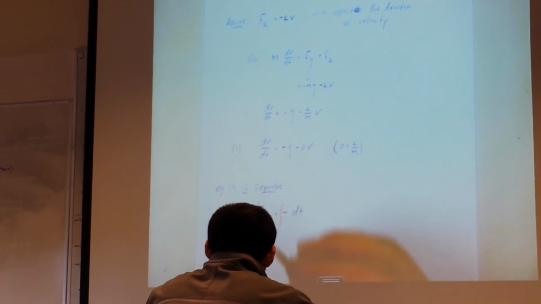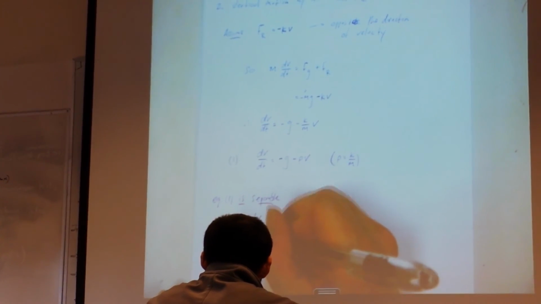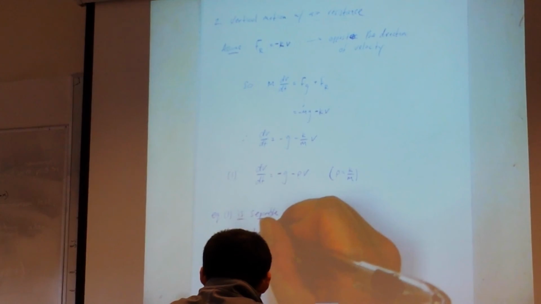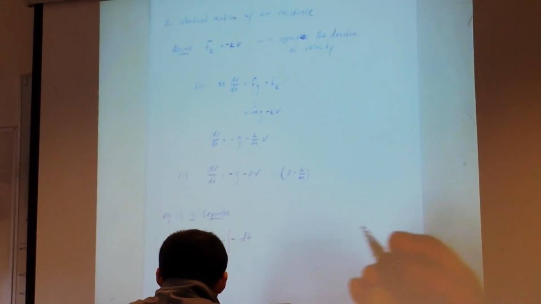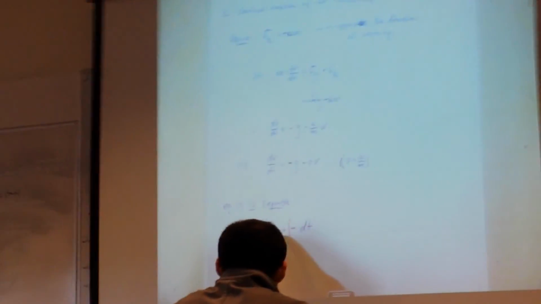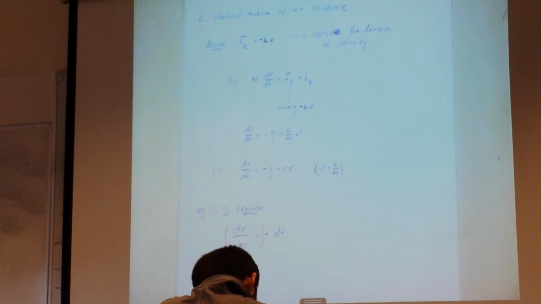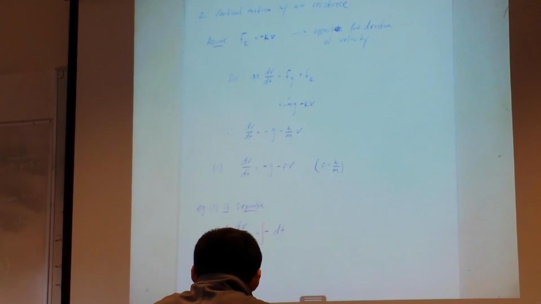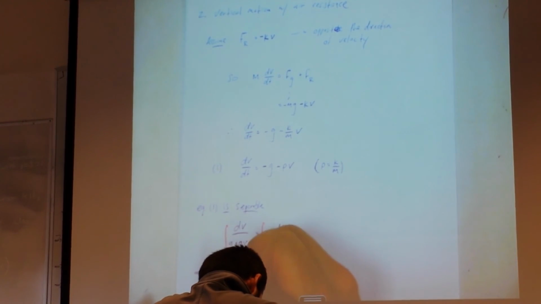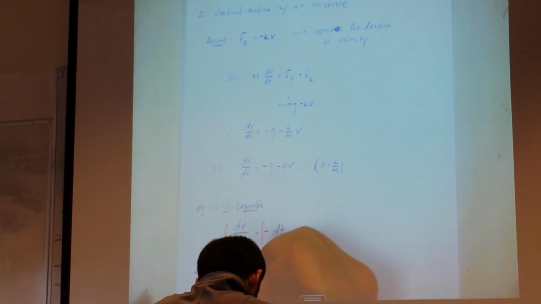It's going to be a log function, with respect to v. So it's going to be a natural log deal, natural log of g plus rho v.